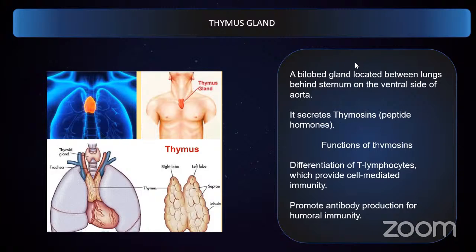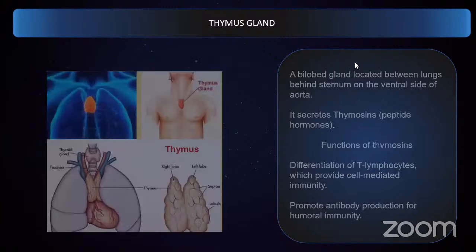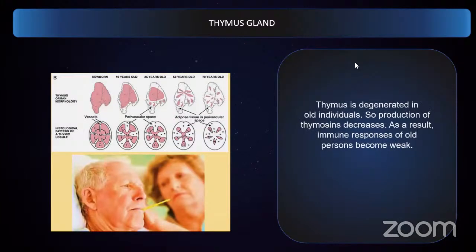So this is about the thymus gland. Especially if you observe in older individuals, as I told you, the thymus becomes smaller and smaller as we grow up. You can see in the left slide how big it is in the newborn, and as we grow up, at 10 years old, 25 years old, 50 years old, and 70 years old, the thymus degrades progressively.